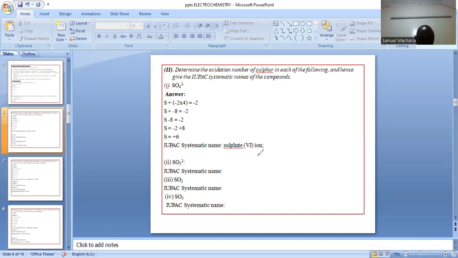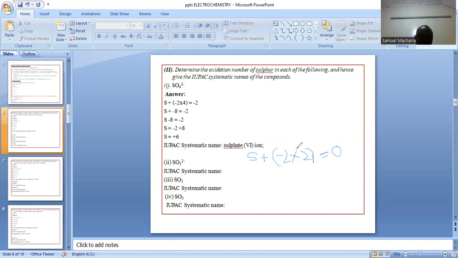So for SO2, like we did with that one, we have sulfur S plus, you put bracket, oxygen oxidation number is -2, multiplied by 2 because there are 2, bracket, equals 0 because it has no charge.